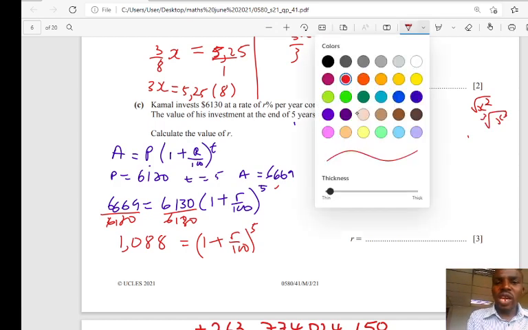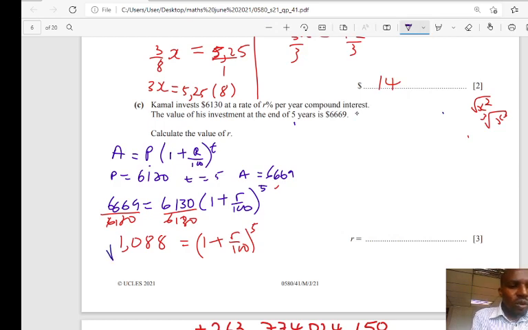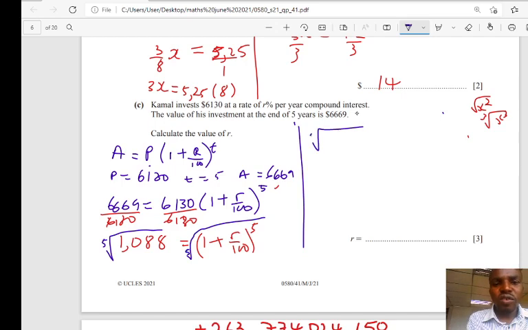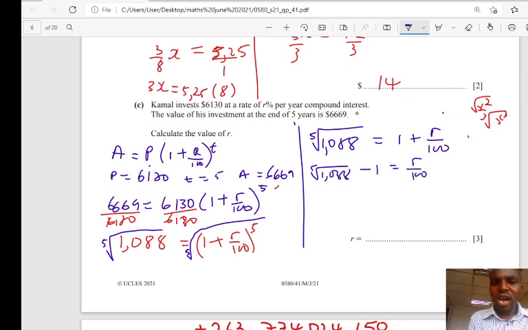Then the fifth root of 1.088 equals whatever is inside the brackets. Then you can subtract 1 from this one. You say the fifth root of 1.088 minus 1 equals R over 100.